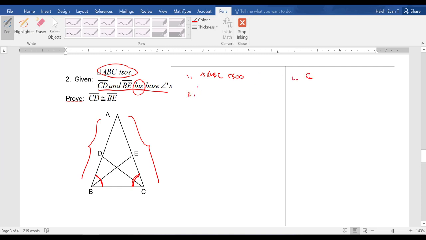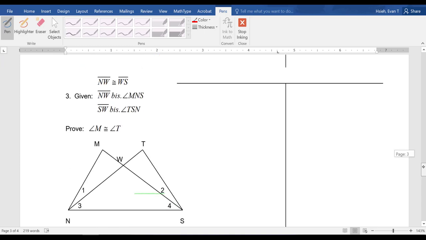My second step here will be that angle ABC is congruent to angle ACB, and the reason is going to be because if it's an isosceles triangle, then the two base angles are congruent to each other. Okay, so that's how you use that in a proof, and the proof itself is not that difficult, so I just wanted to show you that.